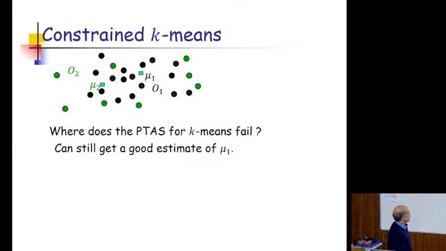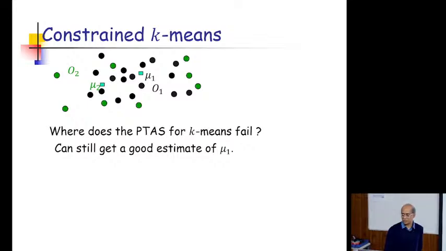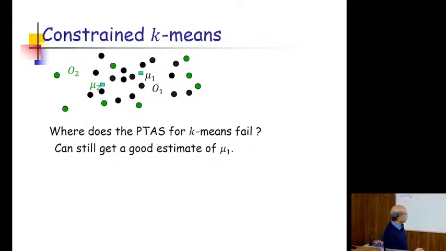All right. So let's go back. I showed you an FPT PTAS. Where does it fail? That will tell us how to modify that algorithm to take care of this case also. So what was the algorithm? Let's say O1 is the bigger cluster, O2 is the smaller cluster. I want to estimate mu1 first.